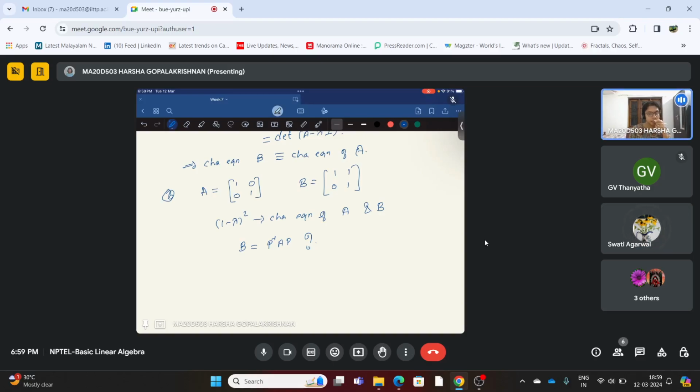So what is P inverse AP? That is also identity. So whatever P we take, P inverse AP will be P inverse identity P, which is identity. Of course, it is not equal to B. So they have the same characteristic equation, but A is not similar to B, or B is not similar to A. Both are the same.